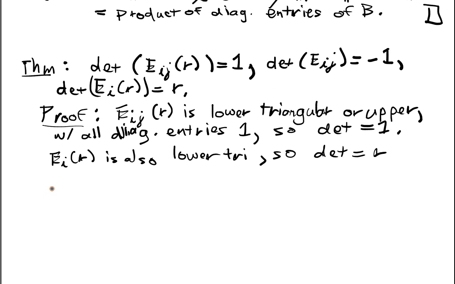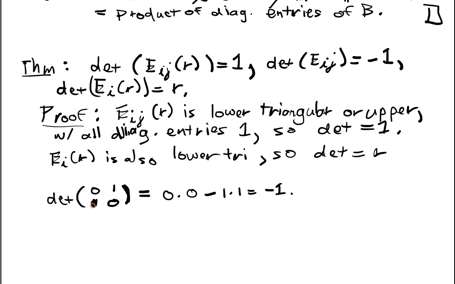So we do induction, but now, in order to exchange something, I have to have at least 2 rows, so our induction starts off with the first exchange matrix. The only exchange matrix in the 2x2 case is 0, 1, 1, 0. And the determinant here is going to be 0 times 0 minus 1 times 1, which is equal to -1.